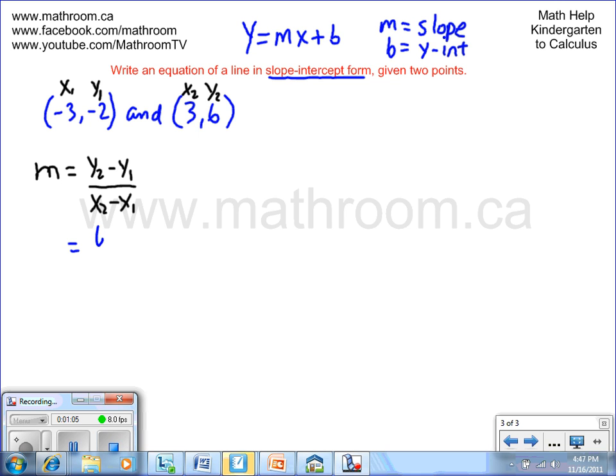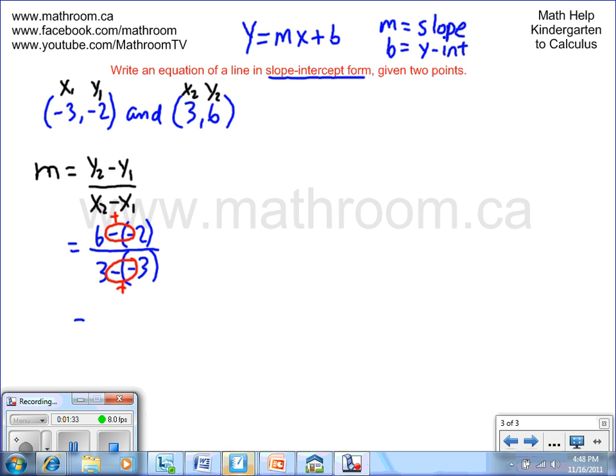y2 is 6 minus y1 is -2, divided by x2 is 3 minus x1 is -3. Okay, and 6 minus -2, the 2 minus a negative is the same thing as plus. 3 minus -3 is also the same thing, it's a plus.